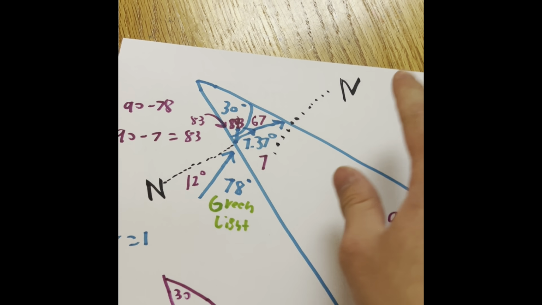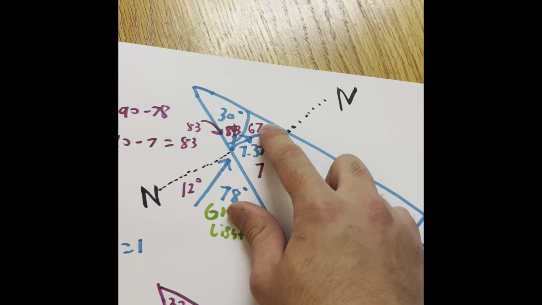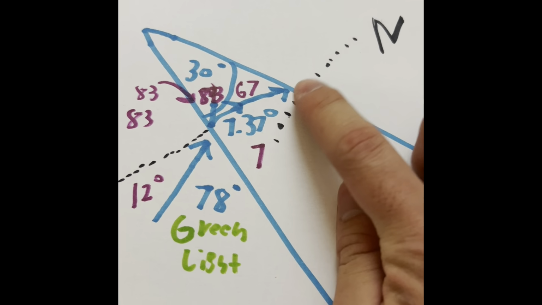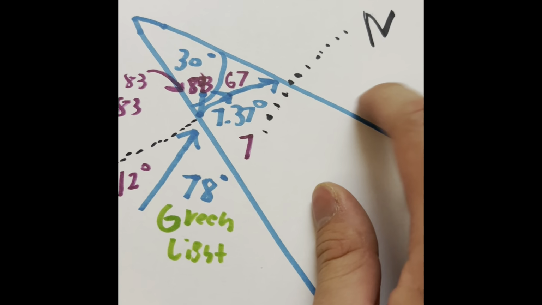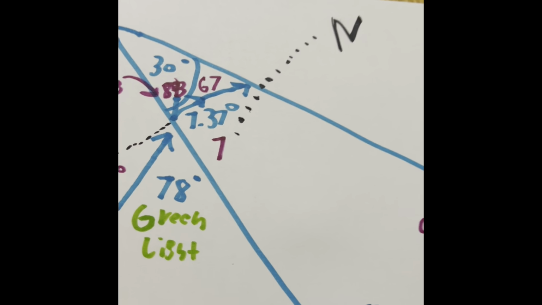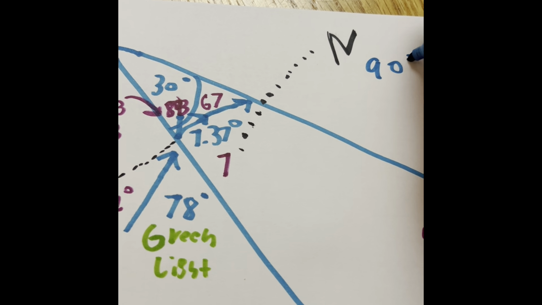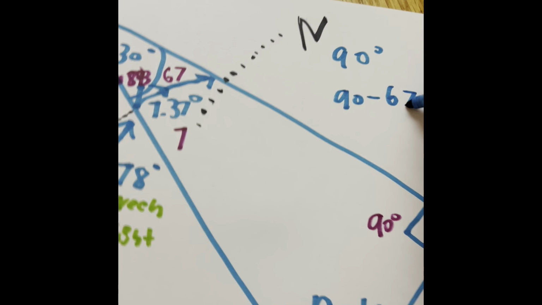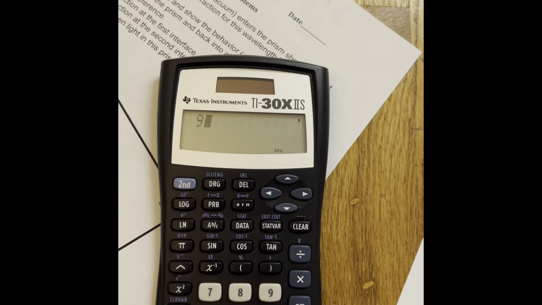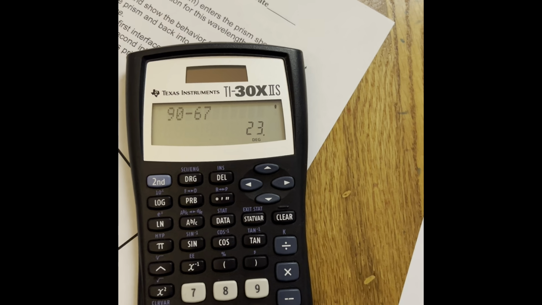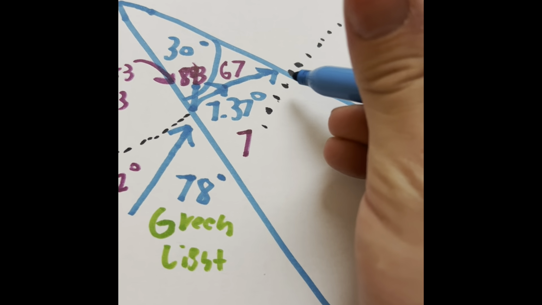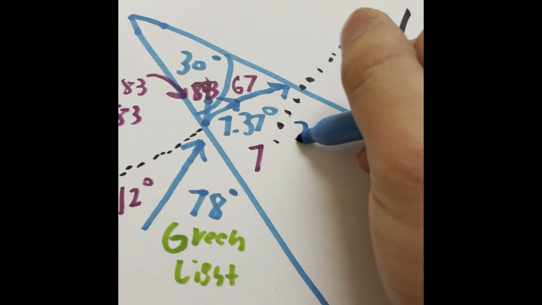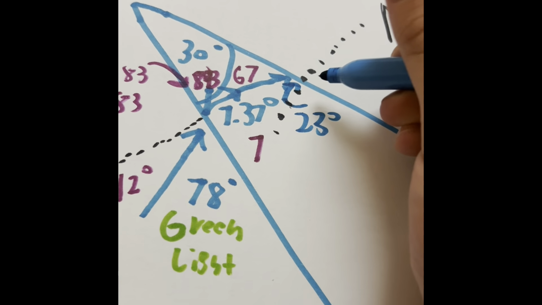If that is 67 degrees right over here, and the normal is perpendicular to the prism and the air, meaning that it must be 90 degrees, it could help us, because now we have to say 90 subtract 67. On that calculator, 90 subtract 67 is going to be 23. So the angle of attack, or the incident ray that is trying to get out of the prism, is going to be 23 degrees. And that's going to be right over here.